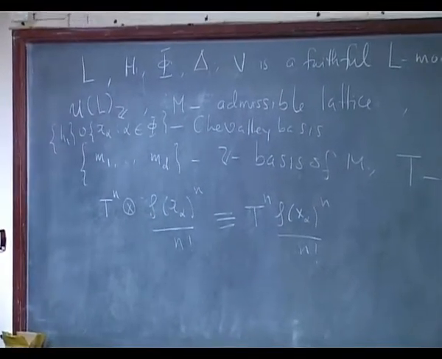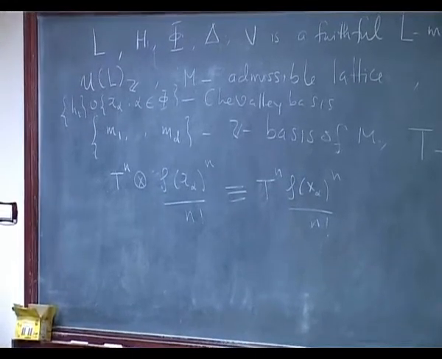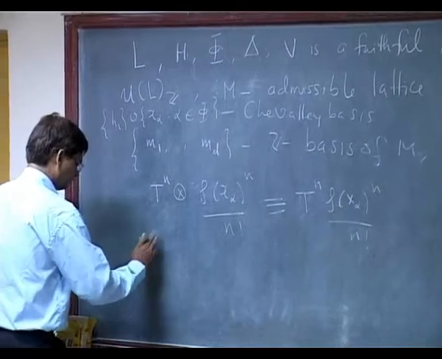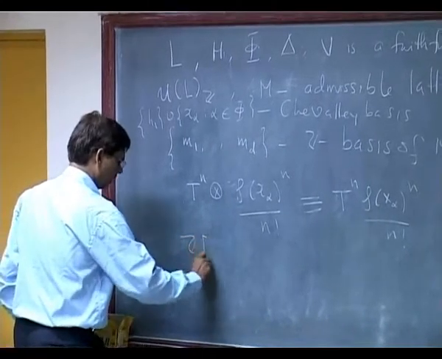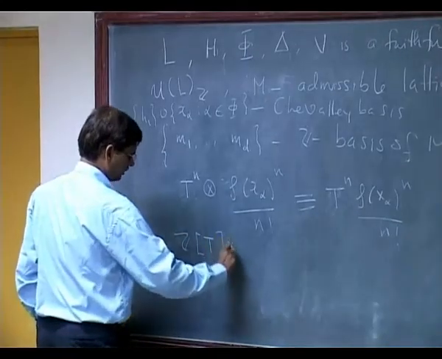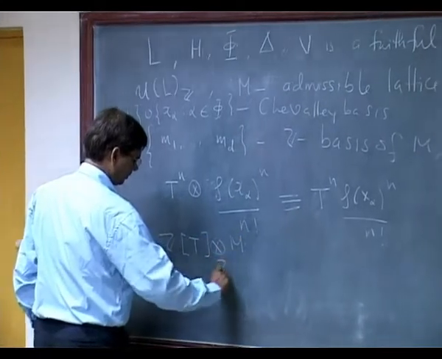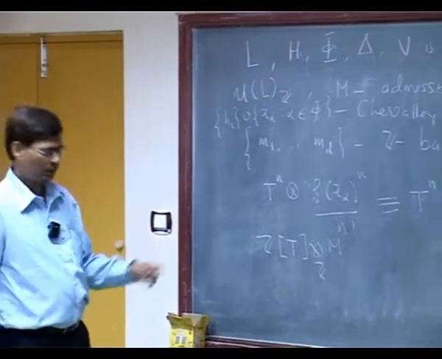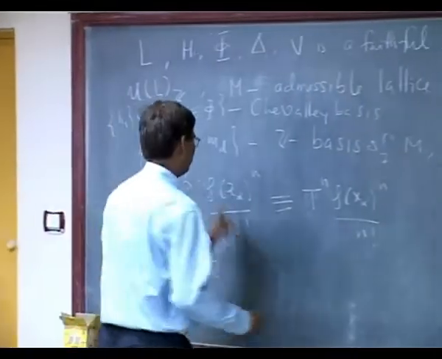So, now you consider this module M, so Z[T] tensor M over Z. Okay. So, you consider this module. So, then here it has a basis.